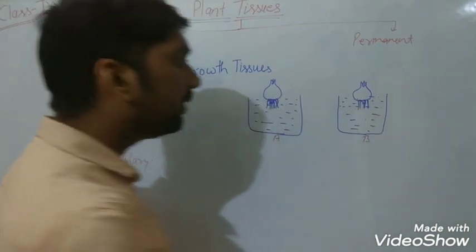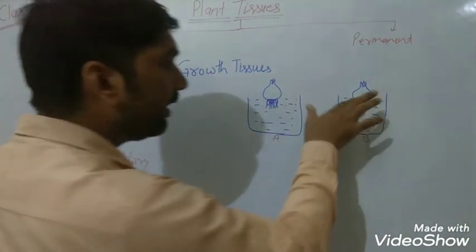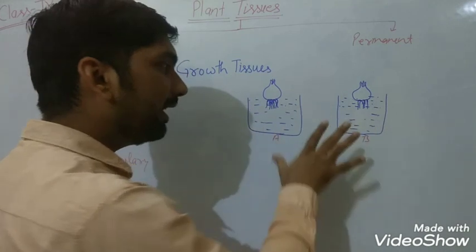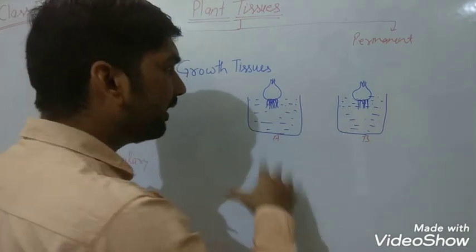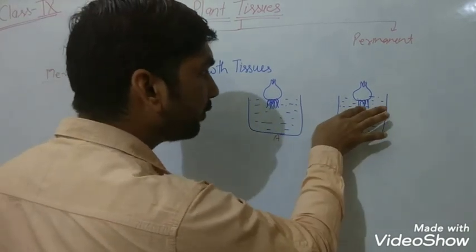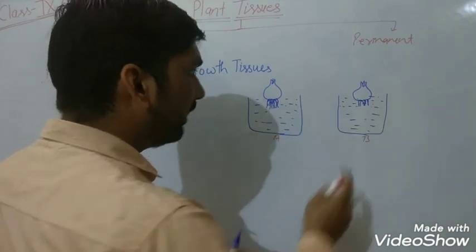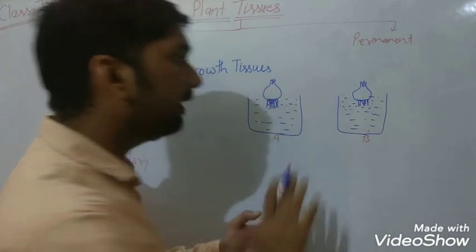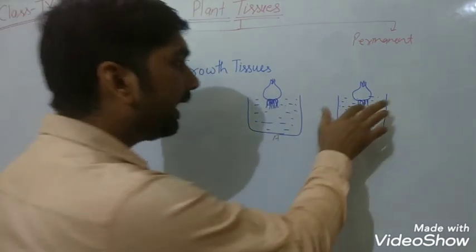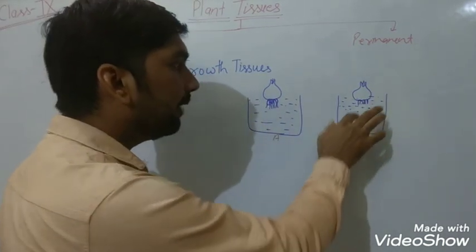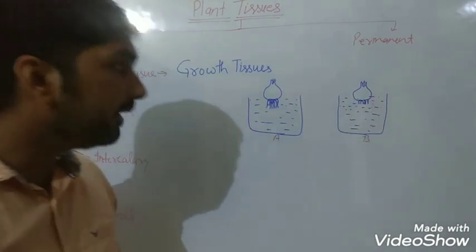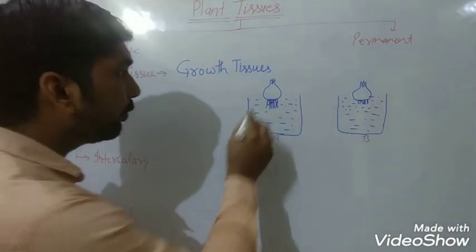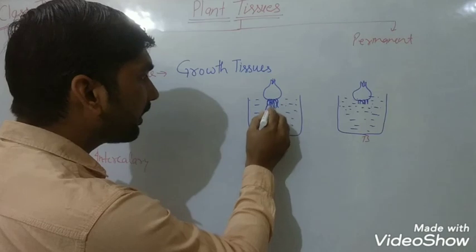But now we are going to cut the apex of the root in beaker B or beaker A. In either beaker you can cut the apex of the root and just leave it there for 2-3 more days. After cutting the apex part of the root, when you observe after 2-3 days, you will see further growth in the first beaker.